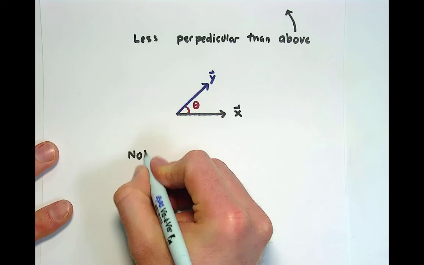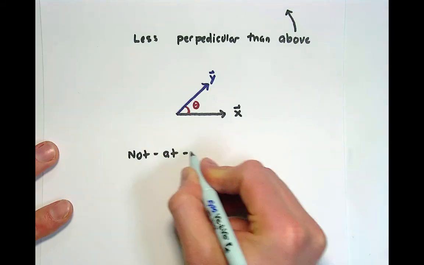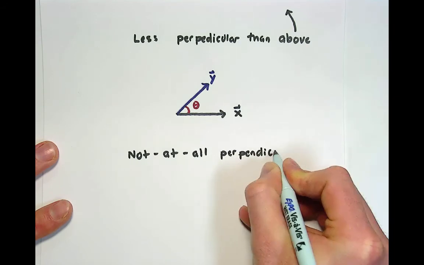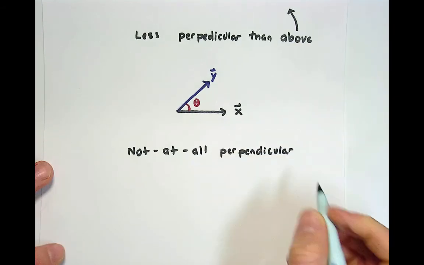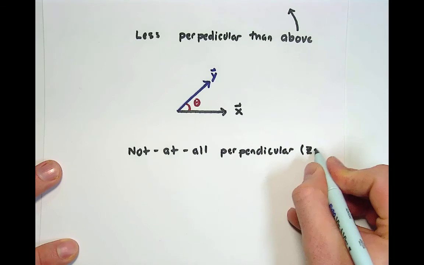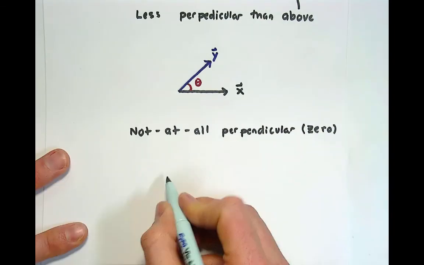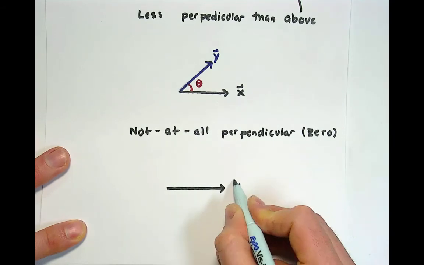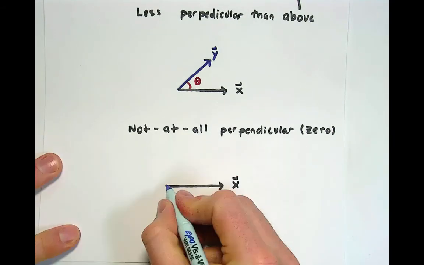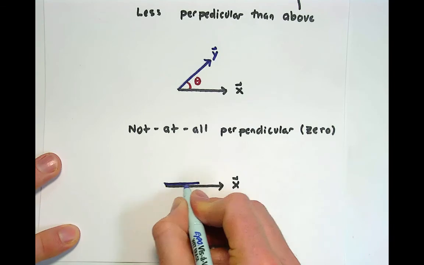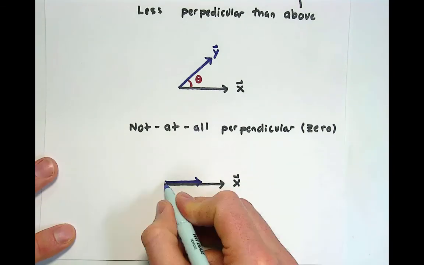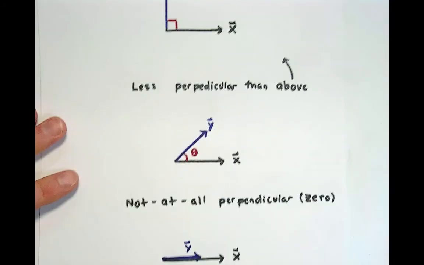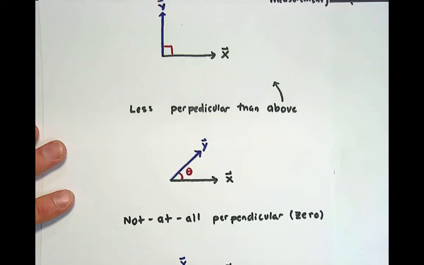And then not at all perpendicular. So we would call that zero measurement, perhaps. Happens when x and y really are in the same direction, right? So if they both start here, yeah, you would hope that we have some measurement to capture this information, right?